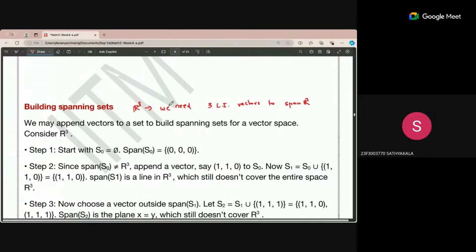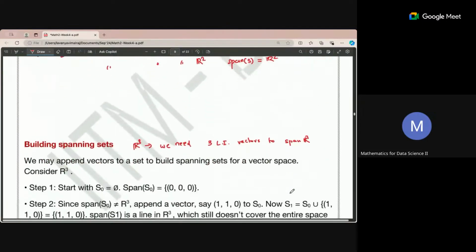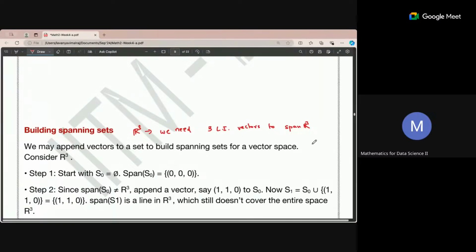Ma'am, but you said any two linearly independent vectors can span R3, right? Any two linearly independent vectors will span R2, and for R3 we need three linearly independent vectors.